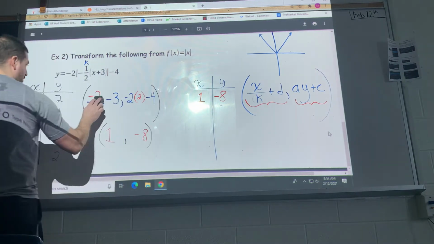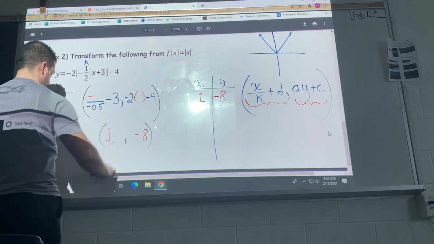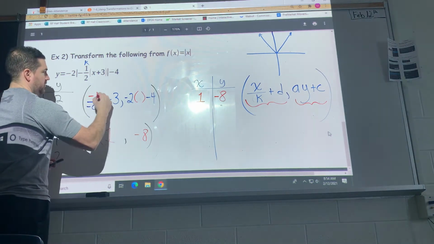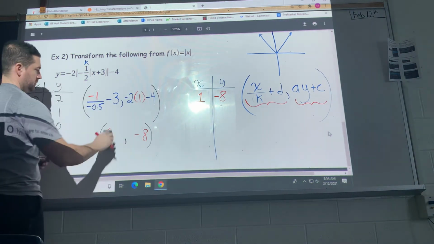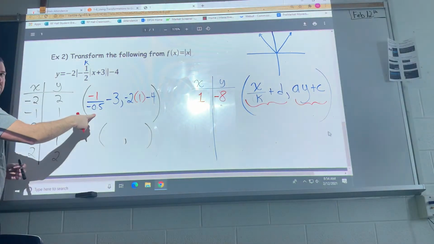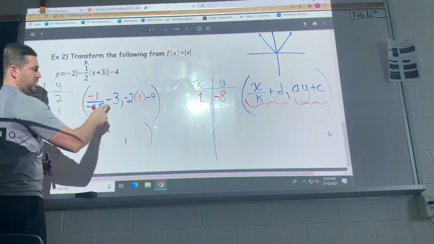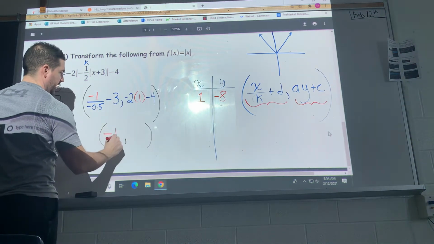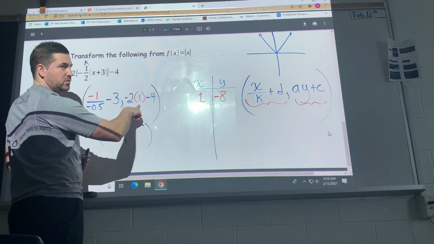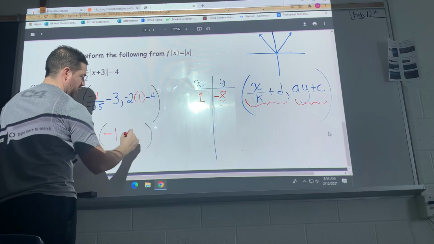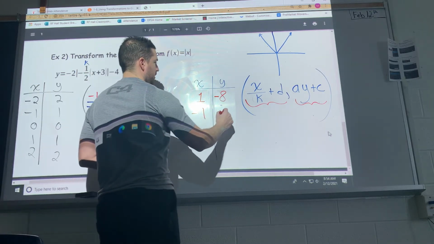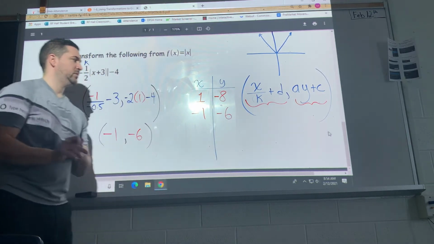Now we do our next point. So we did -2 and 2. Now we're doing -1 and 1. So -1 divided by -0.5 is 2. 2 minus 3 is -1. -2 times 1 is -2. Subtract another 4, we get -6. So -1 and -6.